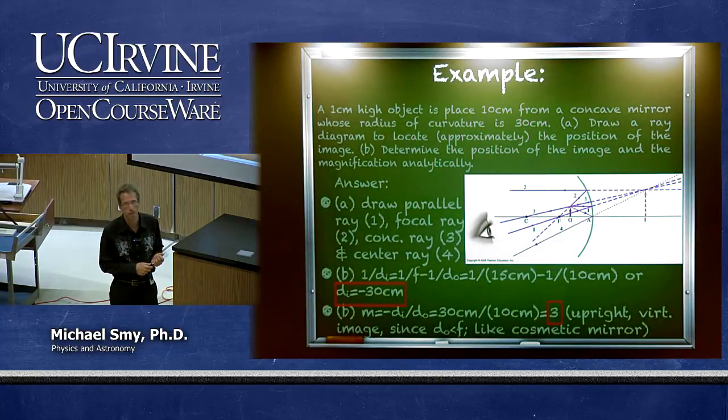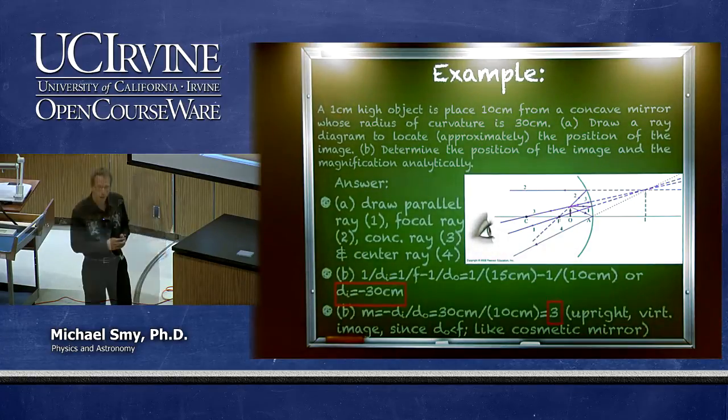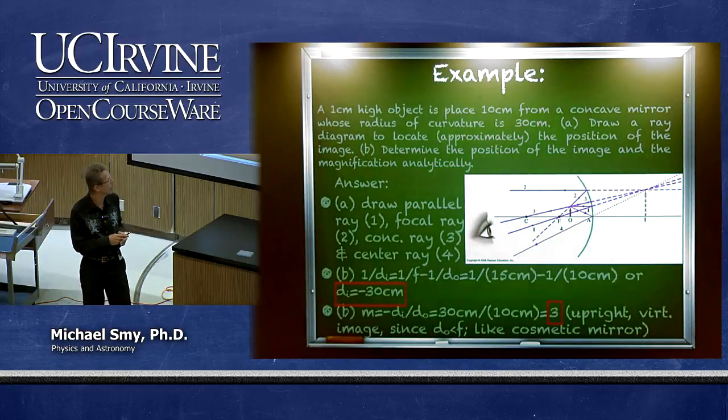Okay. And how do we know, is there a general rule for knowing if the image is upright, virtual, or if it's real and upside down? There are rules that you can find out either from the equation or by drawing ray diagrams.